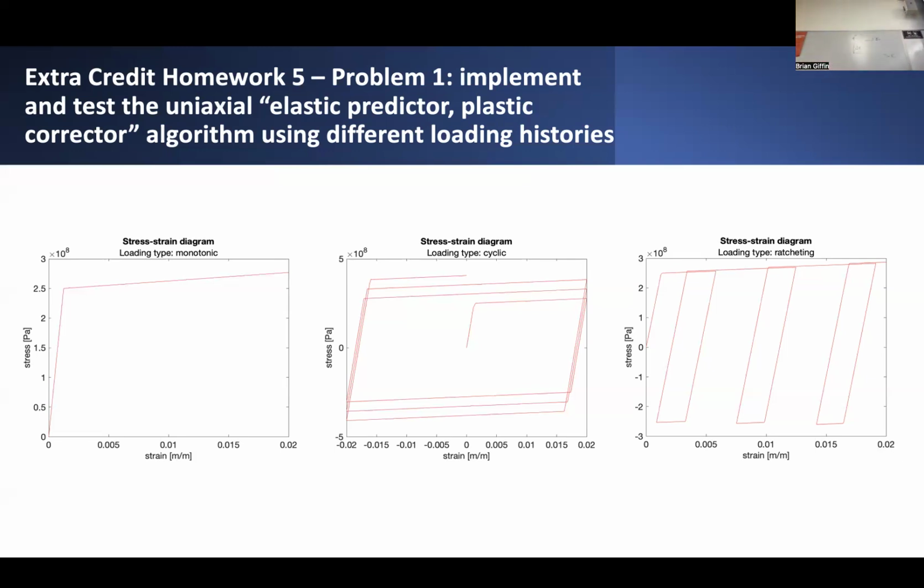And the last scenario that I suggested taking a look at is this ratcheting scenario, where you might load a piece of material by increasing the amount of strain in it and then backing off just a little bit, going through a small cycle of loading, but then continuing to load it up to an even larger value of strain and then backing off. This kind of characteristic loading cycle is sometimes called ratcheting behavior.